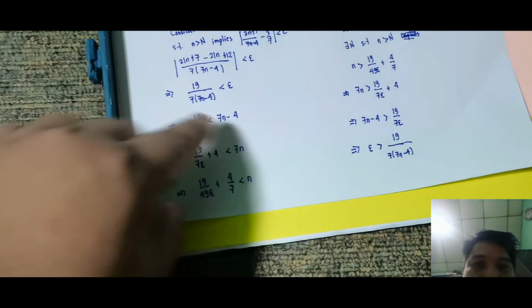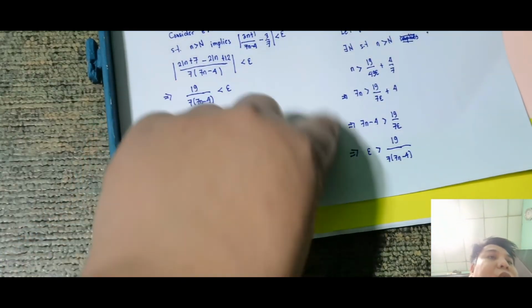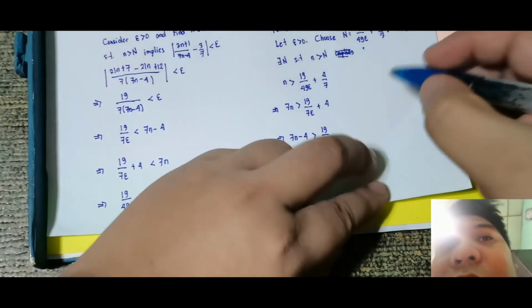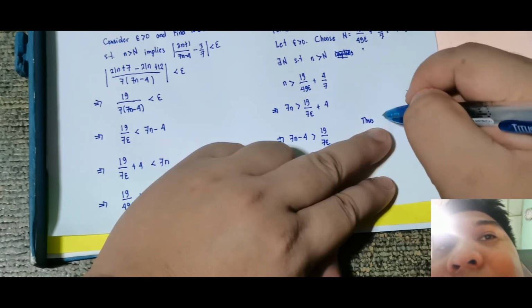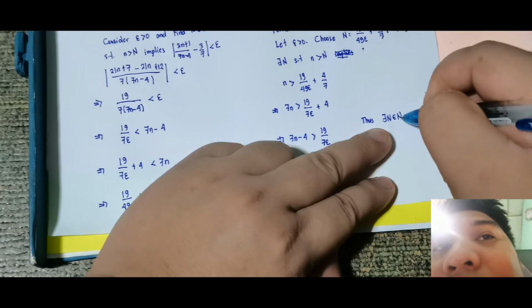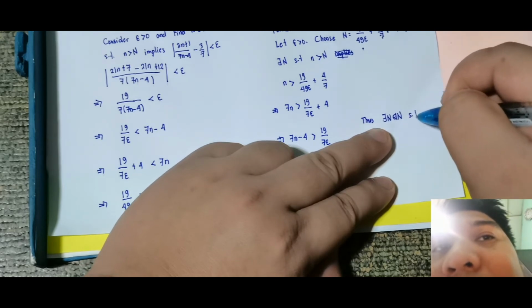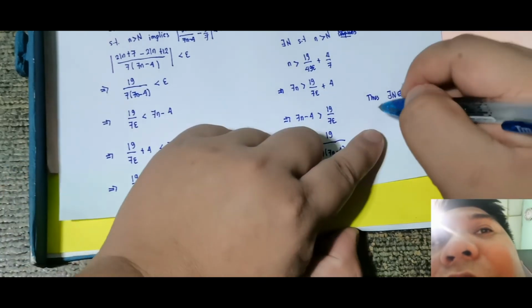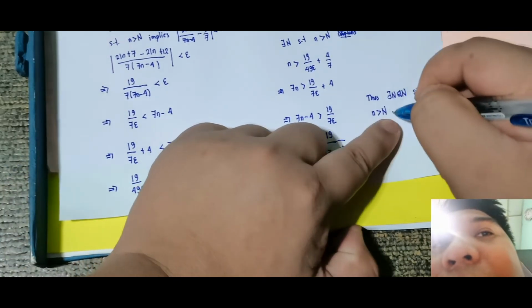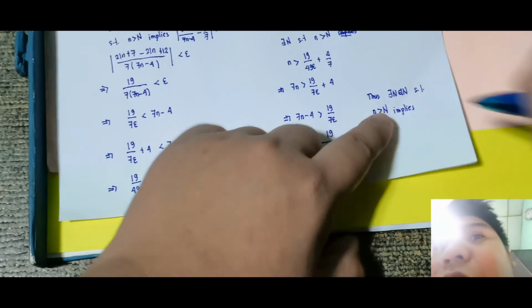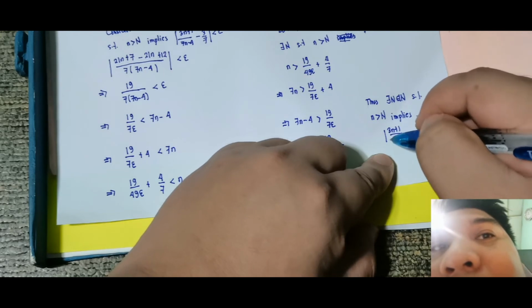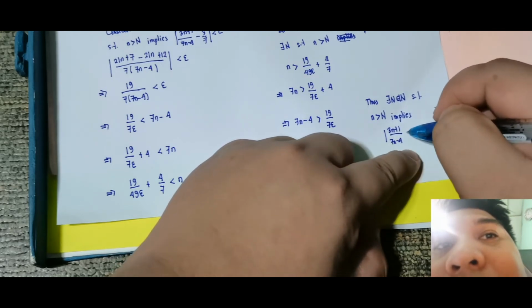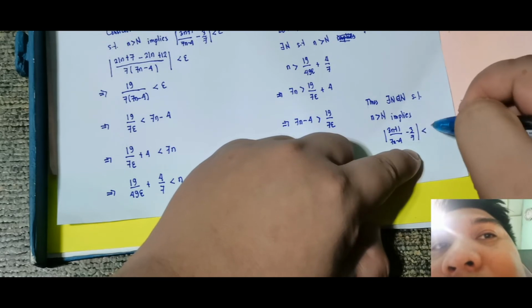So if you check, have we gone back to the original? If you noticed, when I did this, we came back here. Since we came back there, we can now use the conclusion. Thus, there exists N, an element of the natural numbers, such that n is greater than N implies the conclusion, 3n plus 1 over 7n minus 4 minus 3 over 7 is less than epsilon.